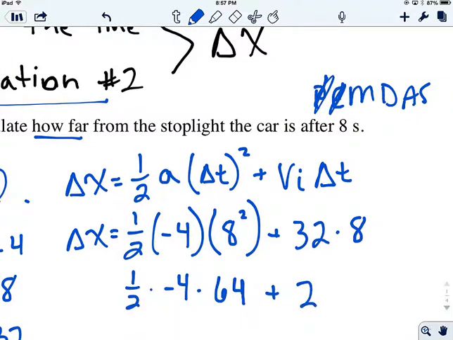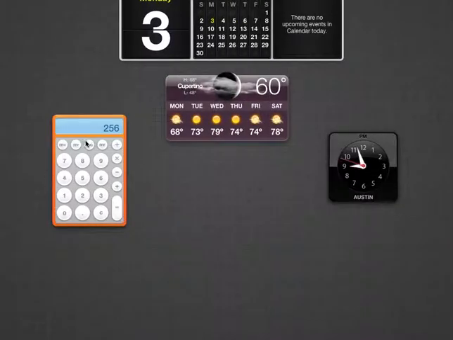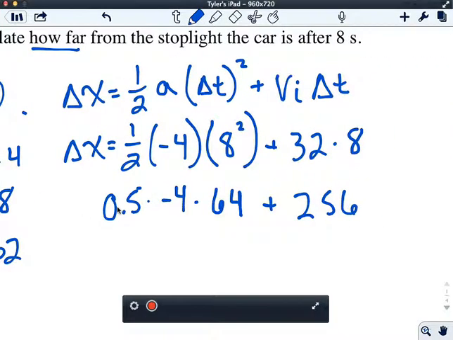So I'm going to put 256 there. Now we have to do 0.5 here, so I'll erase that and call it 0.5. So 0.5 times -4 times 64. So we're going to go 0.5 times 4 times 64. That's 128, but remember it's a negative.